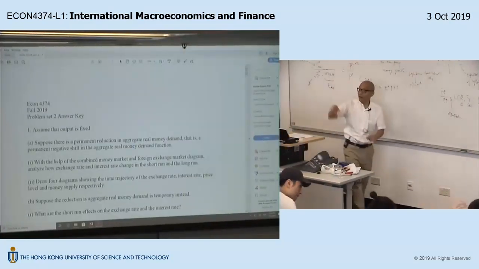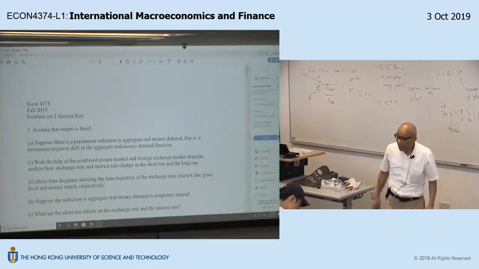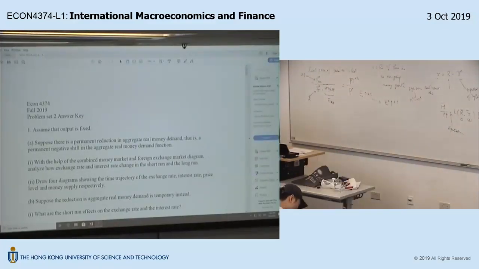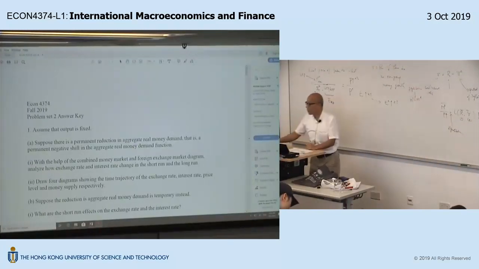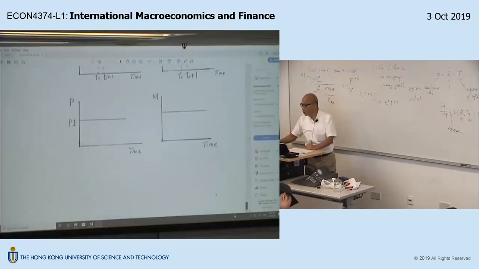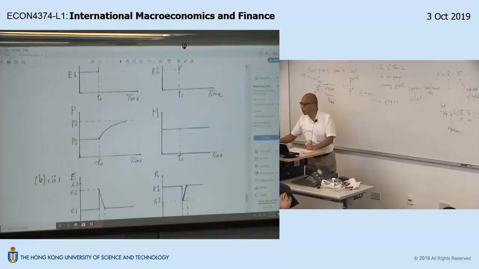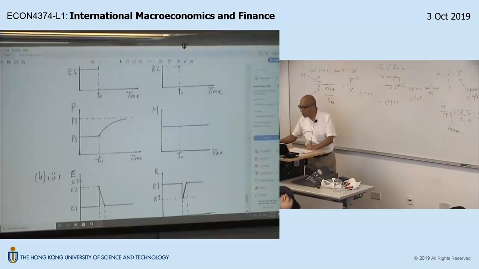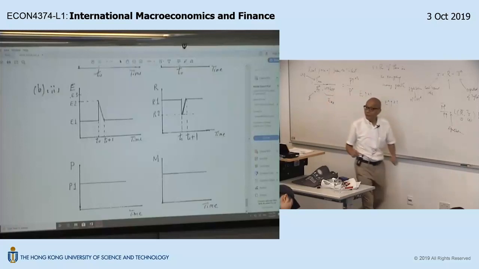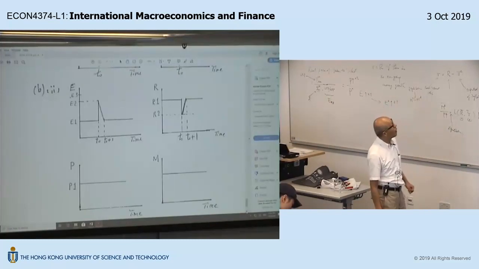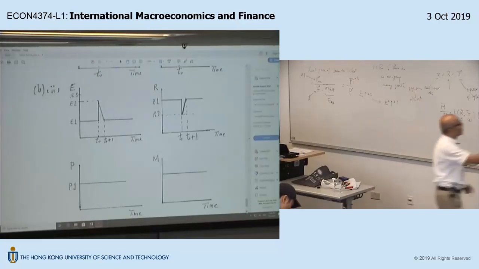Why is the EE sloped for a temporary decrease? Why is it not like a digital function? You're talking about this diagram, right?